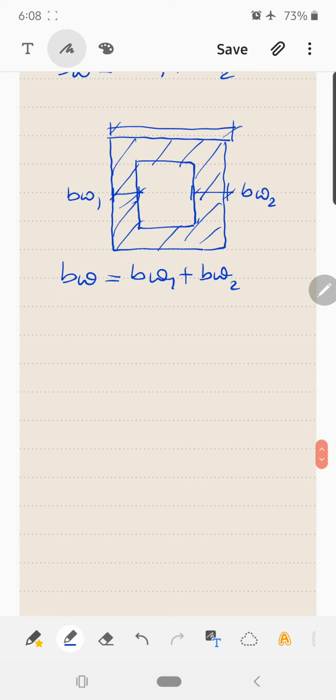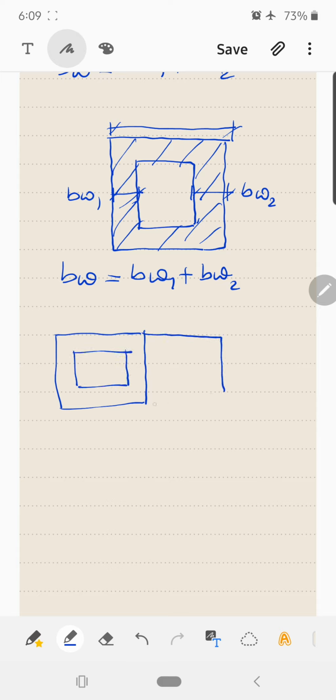And suppose you have a double box section, something like this.